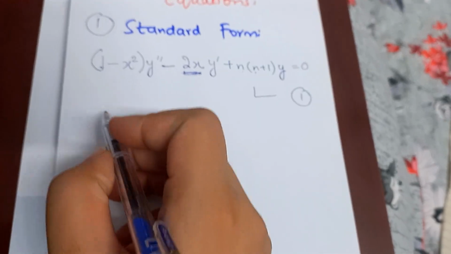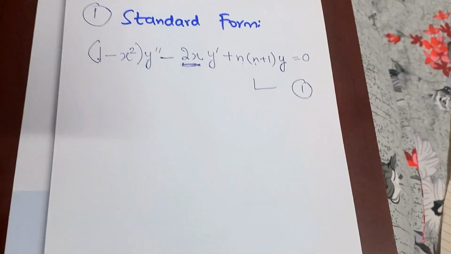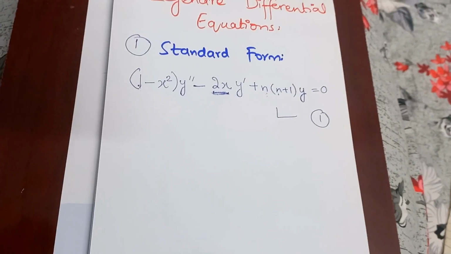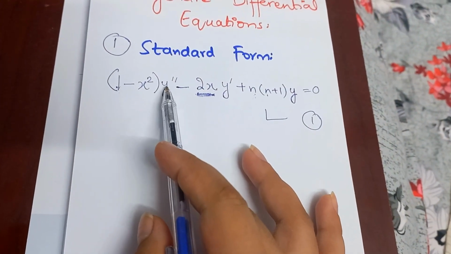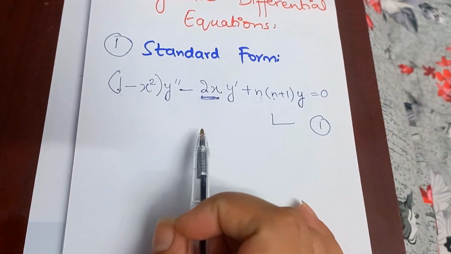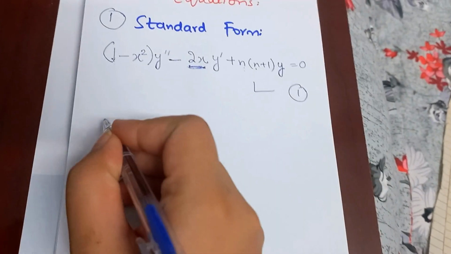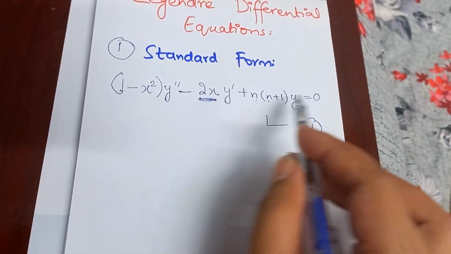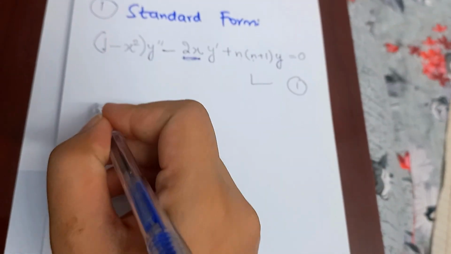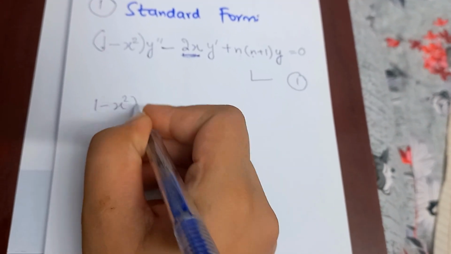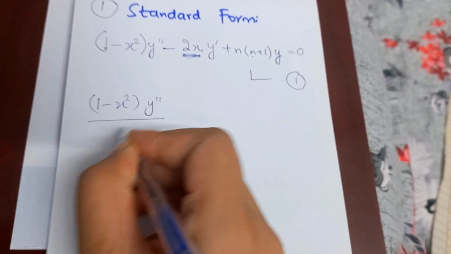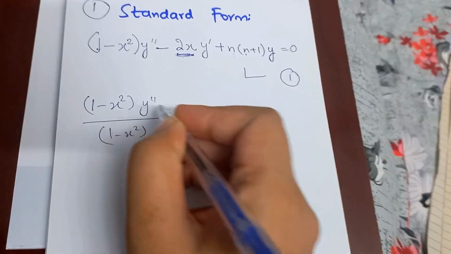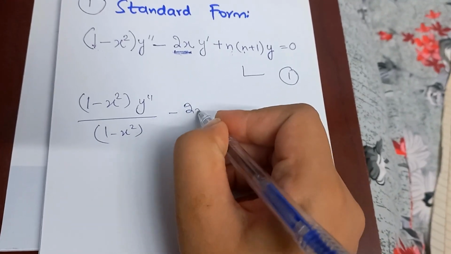Yes, and another form, the second standard form. In order to get it, what we do is to make the coefficient of y double prime equal to 1. For that purpose, we will divide each of these terms by 1 minus x square on both sides of the equation to make the coefficient of y double prime equal to 1.